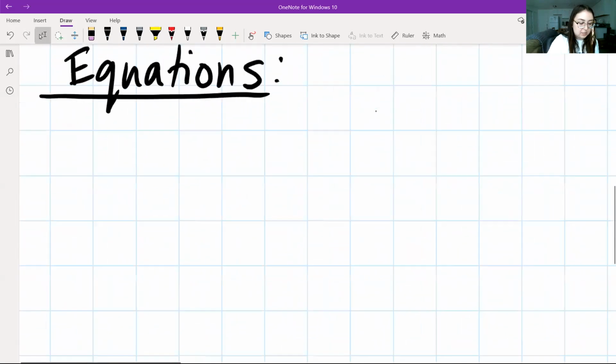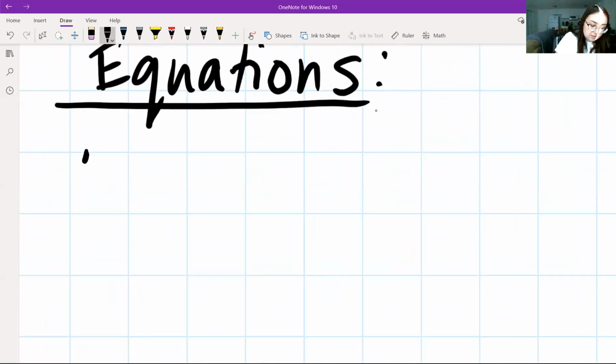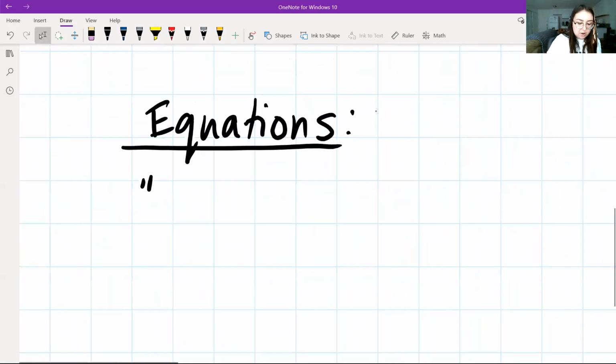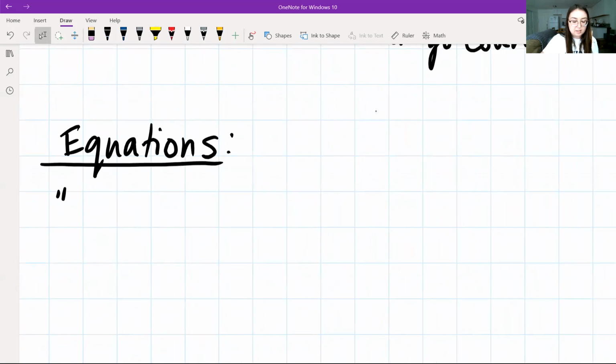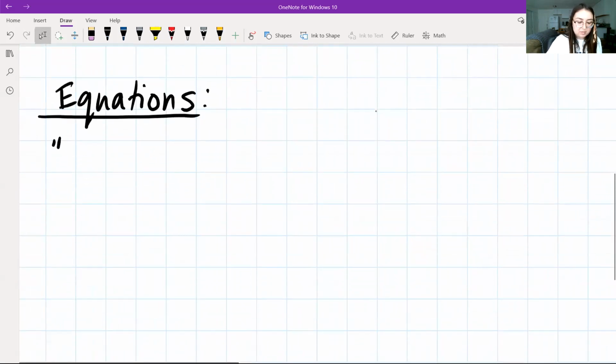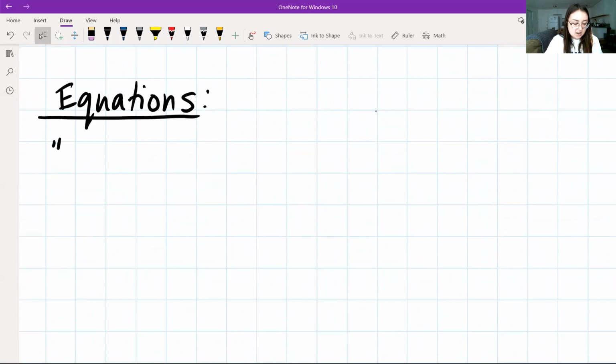So we have equations, and kind of how I want us to keep this in mind. Sorry if I'm jumping around a lot in here.